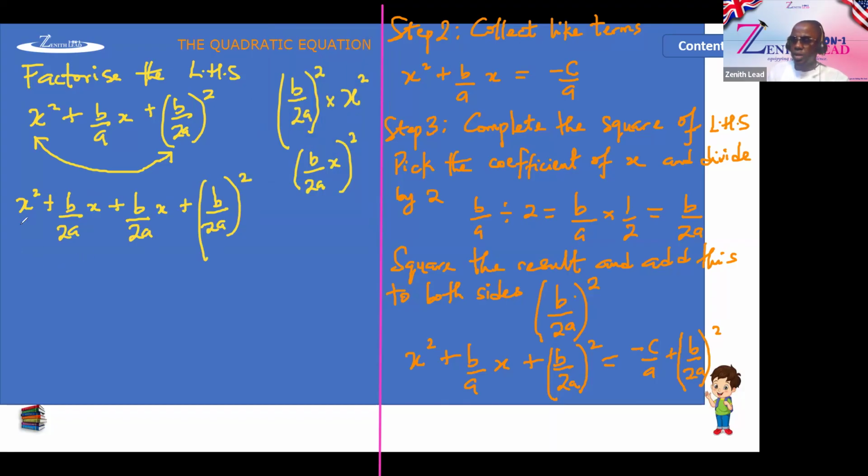Now, the common factor between these two terms is x.